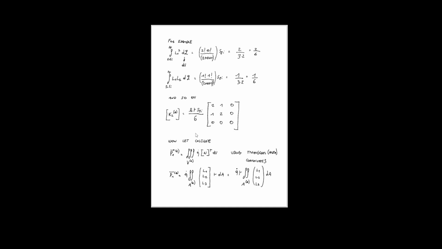Now let's calculate P1E, and we perform the same calculation, but now we use the triangular coordinates, so we can substitute N with L. But here we have an integral over a volume.